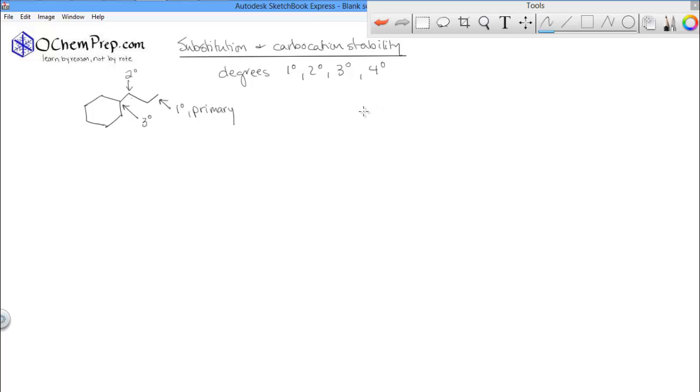Sometimes we have quaternary carbons, not very often, but this right here would be a quaternary carbon. And if it's not attached to any other carbon, it's a methyl group. So we have a methyl.